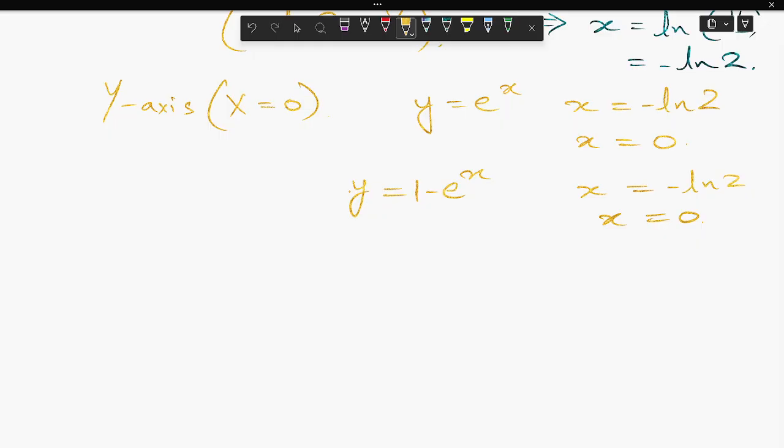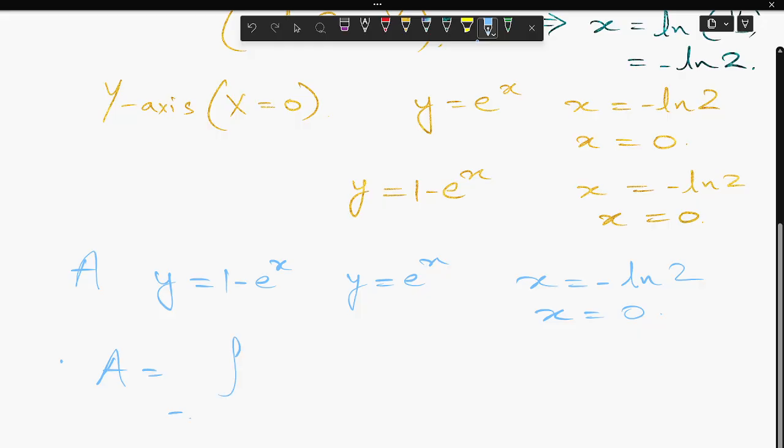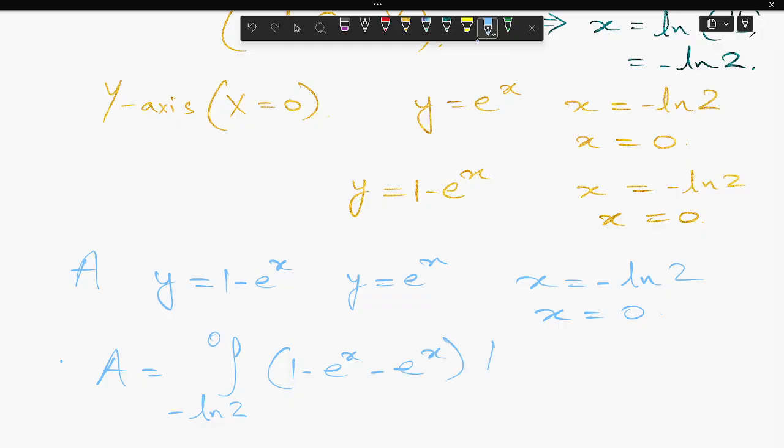So the area A is the integral of the difference between the upper curve, which is y equals 1 minus e to the power x, and the lower curve, which is y equals e to the power x, over the interval x equals minus ln 2 to x equals 0. So A equals the integral from minus ln 2 to 0 of (1 minus e to the power x minus e to the power x) dx.